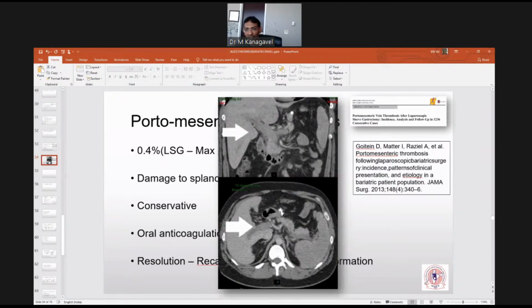And because I'm part of the collaborative, I've personally talked with other bariatric surgeons in the collaborative who have had to deal with this unfortunate situation. And a few of them have actually lost patients. This was picked up post-mortem, but it's just a difficult problem to diagnose.